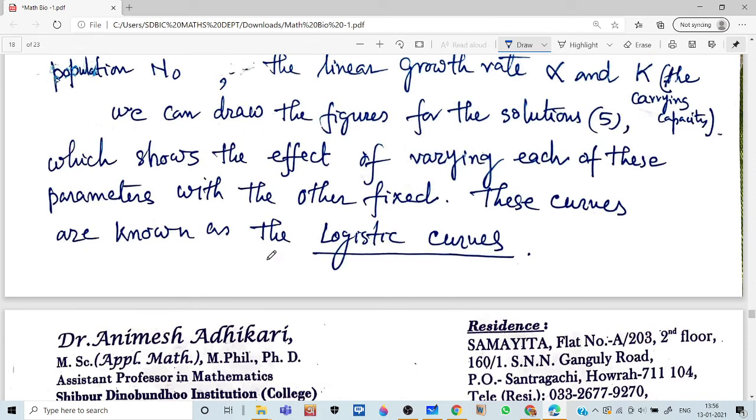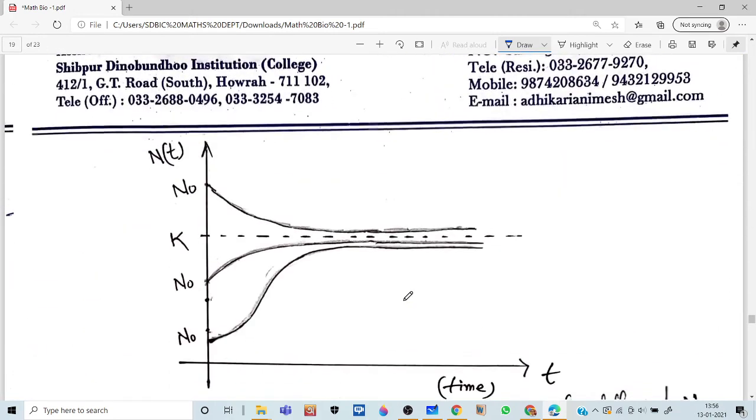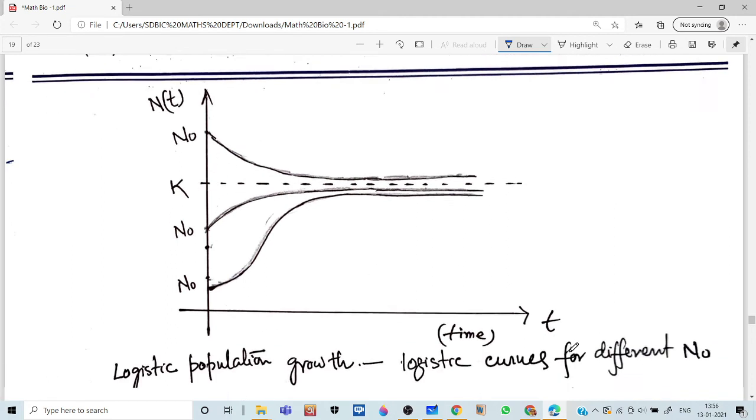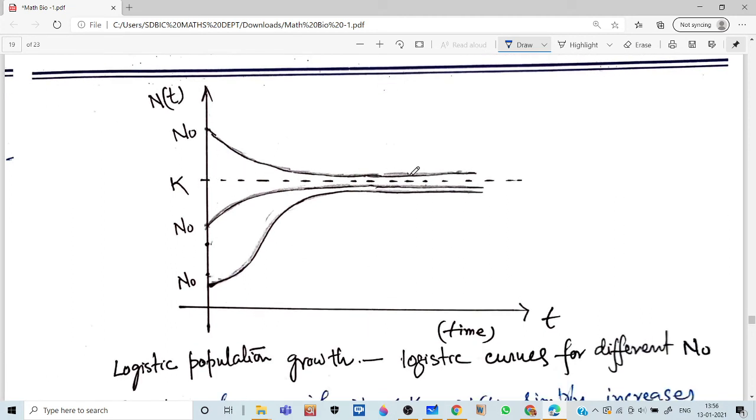These curves are known as logistic curves, and this is the graph, with k, n(t), and time t. We draw this horizontal line at the point k, the carrying capacity. If we choose n0 near the origin, the graph is this type.